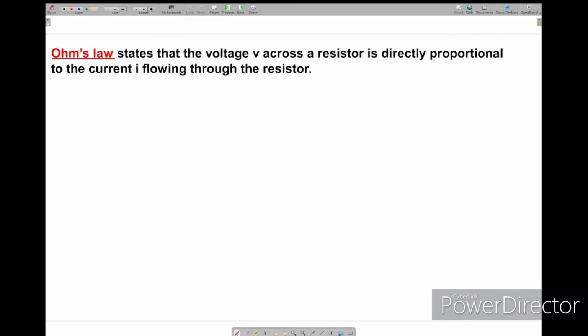The most important law is Ohm's law, which states that the voltage across a resistor is directly proportional to the current flowing through the resistor. Now we'll take one resistor, with current entering like this.